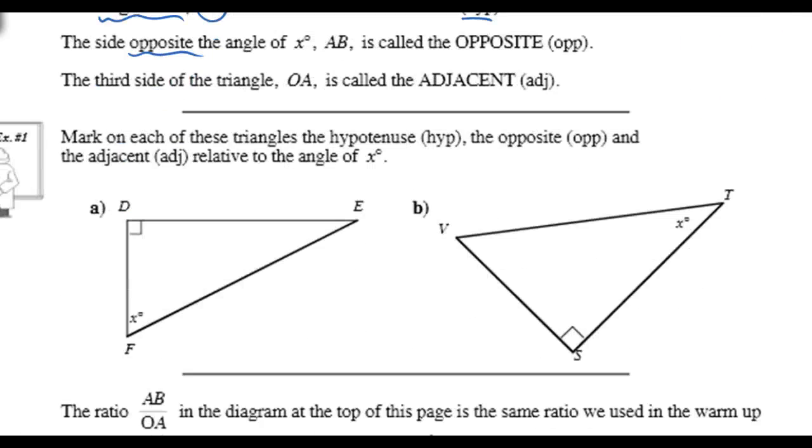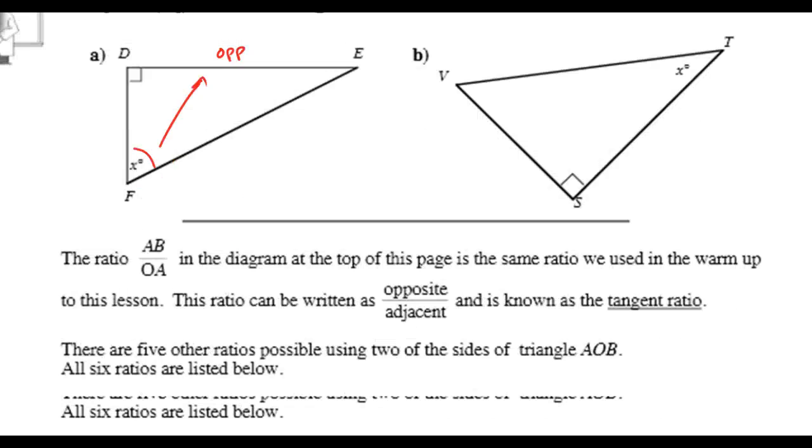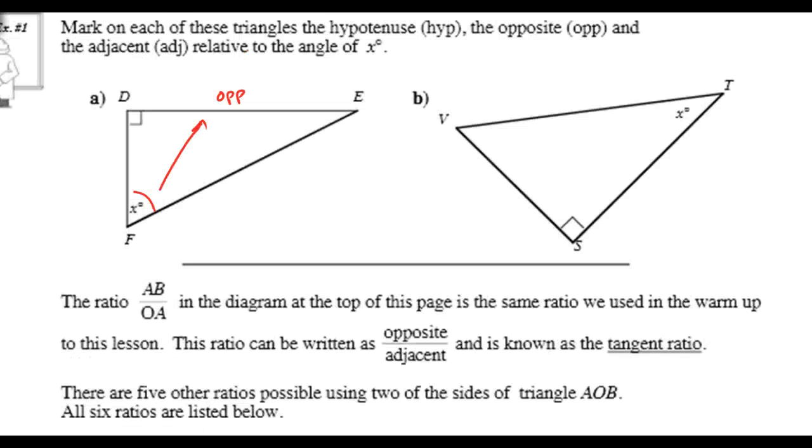All right, so the first example says mark on each of these triangles the hypotenuse, the opposite, and the adjacent side relative to the angle. Okay, so our angle down here is angle X over here, and the opposite side is usually pretty easy to get. It's the one furthest away from the angle that's not actually touching it. That's the opposite. The long side is also fairly easy to identify. It's obviously the long one.